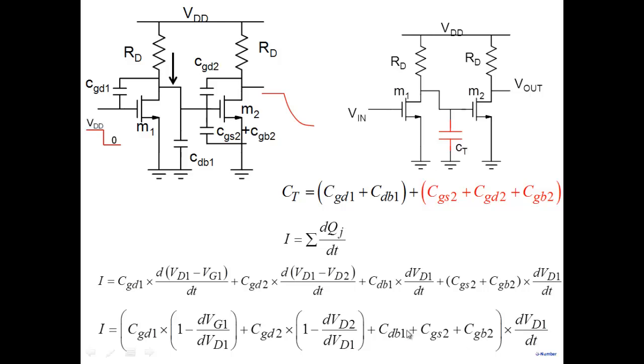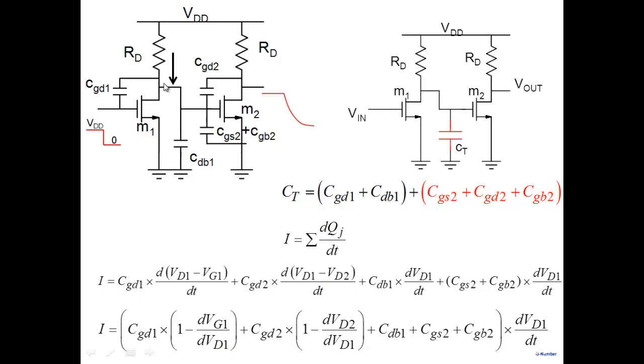Now of course, note that if I look at, for example, this one, the gate voltage is immediately brought to 0 and the drain voltage is changing. So during the transient, dVG1 by dVD1 would be what? Note that the drain voltage is changing with time.